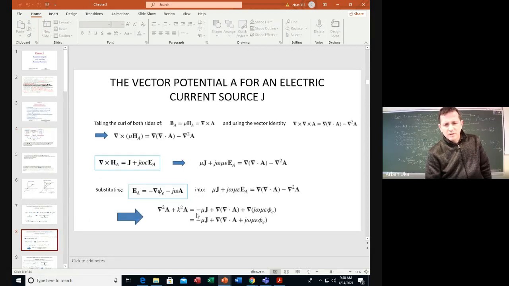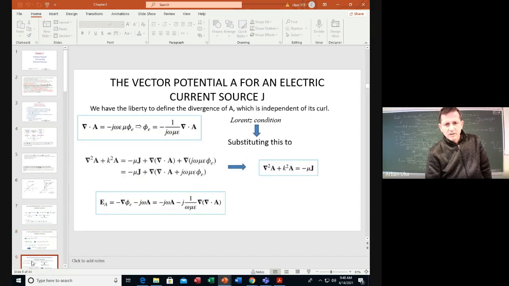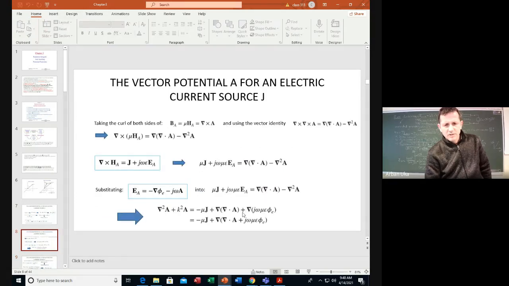And this differential equation is written here, in the equation provided at the bottom of this slide, which is the Laplacian of A plus k square A. In principle the Laplacian of A is the del square operator. So the del operator dot del operator gives the Laplacian, which in the Cartesian coordinate system is simply equal to the second derivative with respect to x plus the second derivative with respect to y plus the second derivative with respect to z.